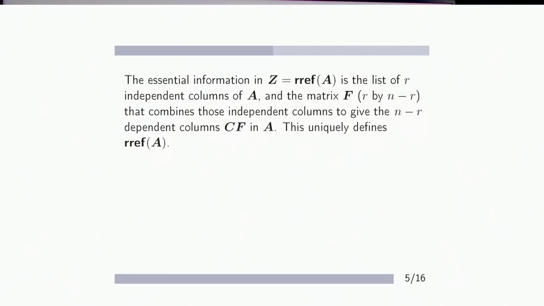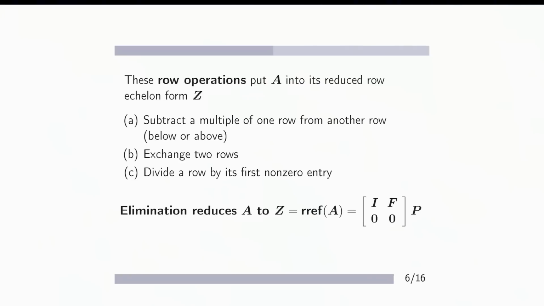And now I want to use that to see just exactly what steps of elimination are allowed. So elimination has 3 simple steps, and all of them are reversible. Exchange 2 rows, because if I had a 0 in the top left corner, I wouldn't want that, so I would do a row exchange. I can divide a row by a number.